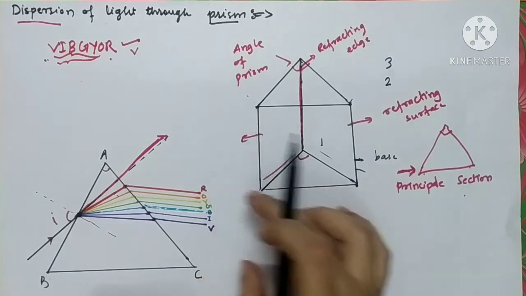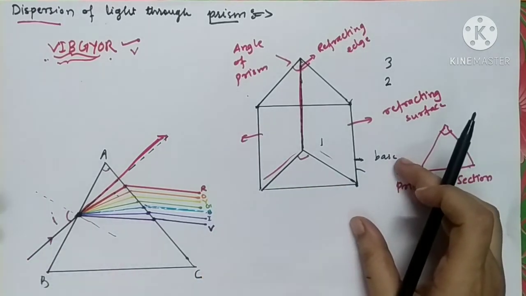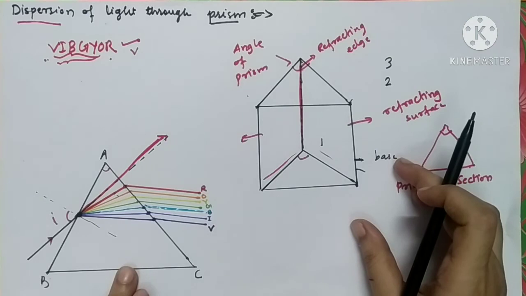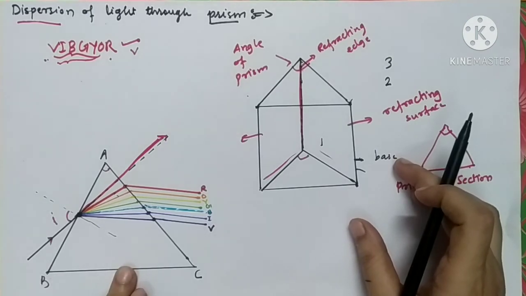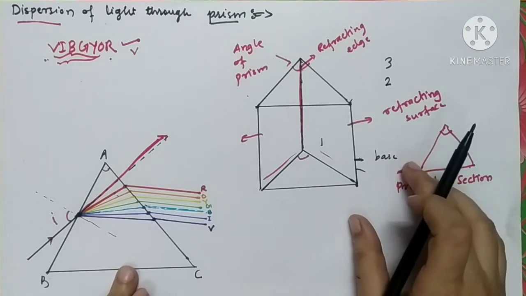So in order to have a distinct spectrum or distinct separation of white light, we are using a prism. We can obtain the dispersion pattern from a glass slab as well, but the dispersion pattern will not be as distinct as we obtain it from the prism.